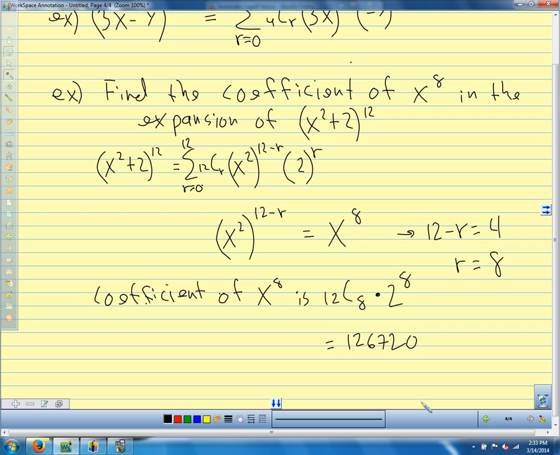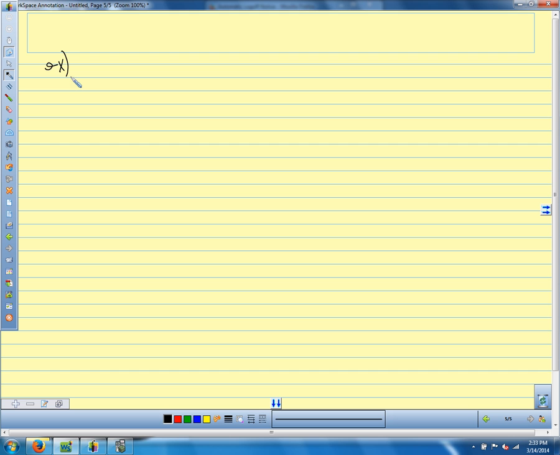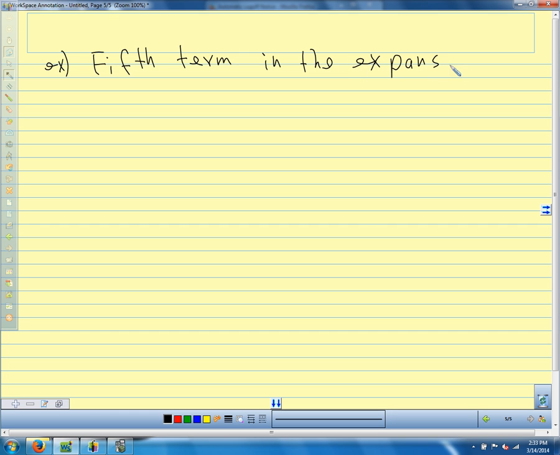All right, let's look at another type of problem. Let's find the 5th term in the expansion of (2x minus 3y) to the 10th power.